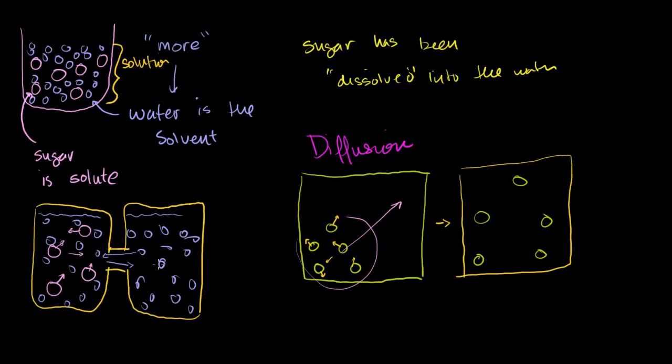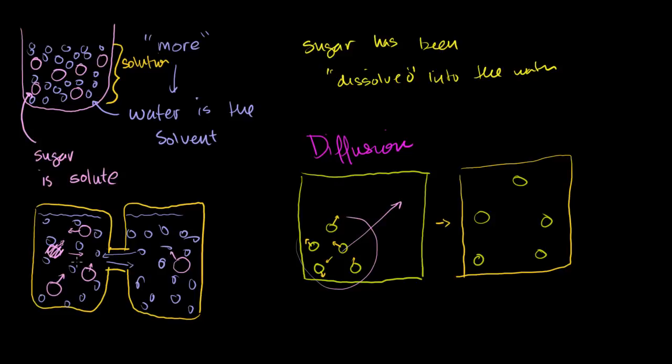He goes just through this tunnel connecting the two containers, and he'll end up there, right? And this guy will still be bouncing around. There's some probability he goes back, but there are still more sugar particles here than there. So this guy's on that side, so let me cross him out. But there's still more probability that one of these guys will go to that side than one of these guys will go to that side.